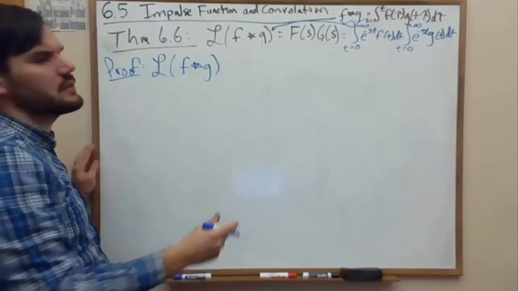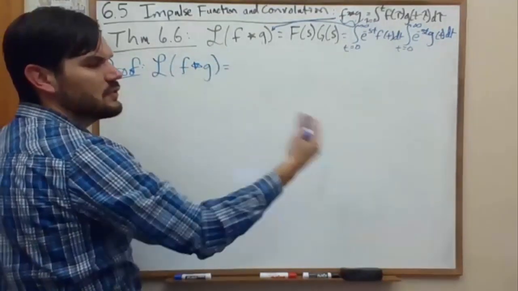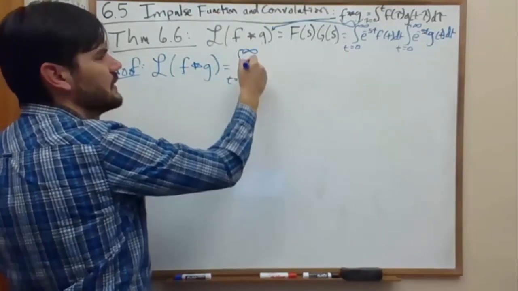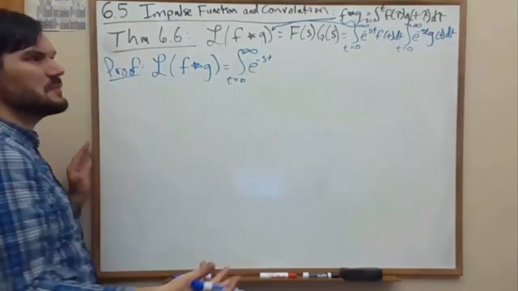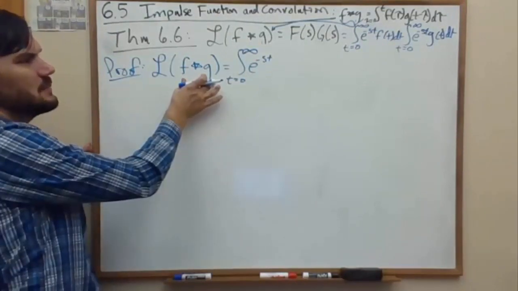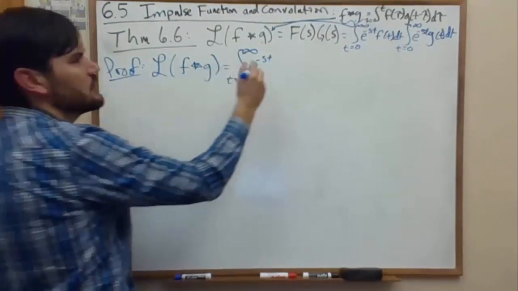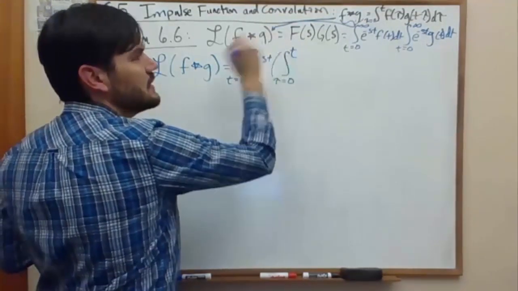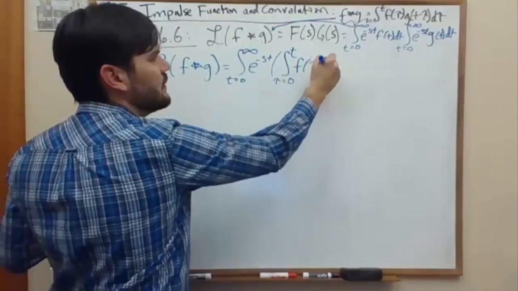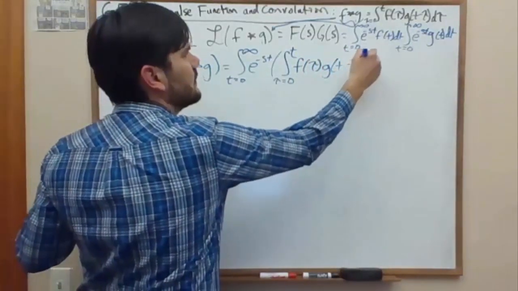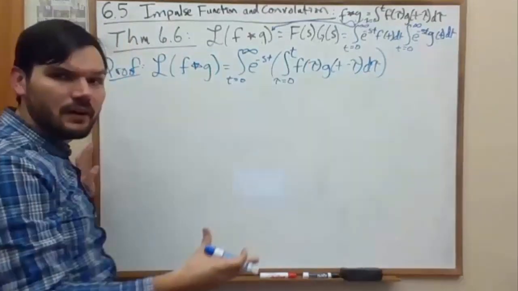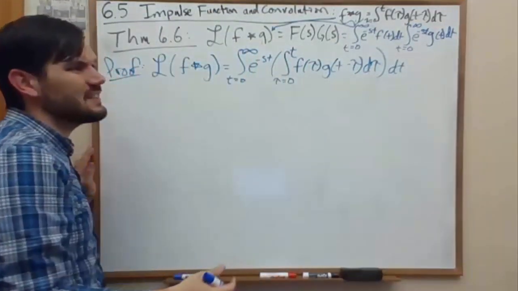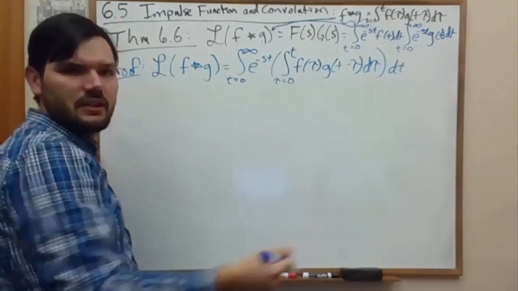Now these are both integrals. So we first have the transformation integral, t equals 0 to infinity of e to the negative st times the function we're integrating that happens to be f star g. So we introduce the integral from tau equals 0 on up to t of f of tau g of t minus tau d tau. That's the function we're integrating, and then we integrate with respect to t. So there is our nested integrals.